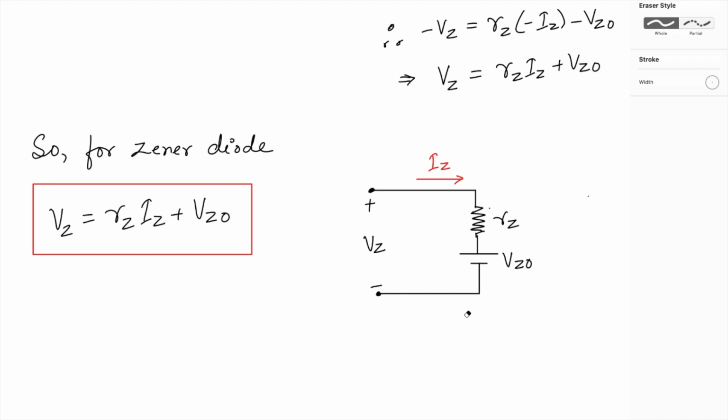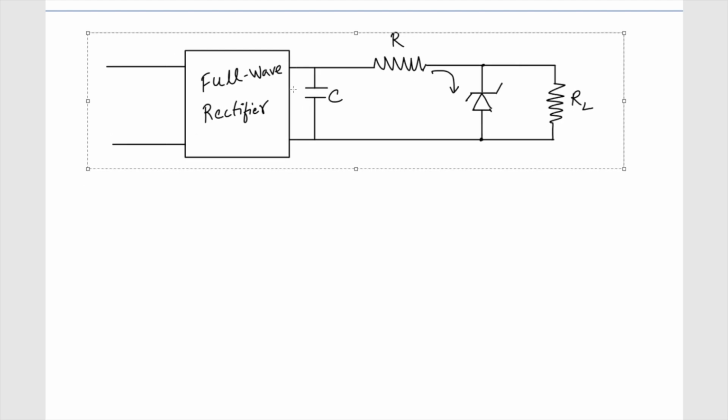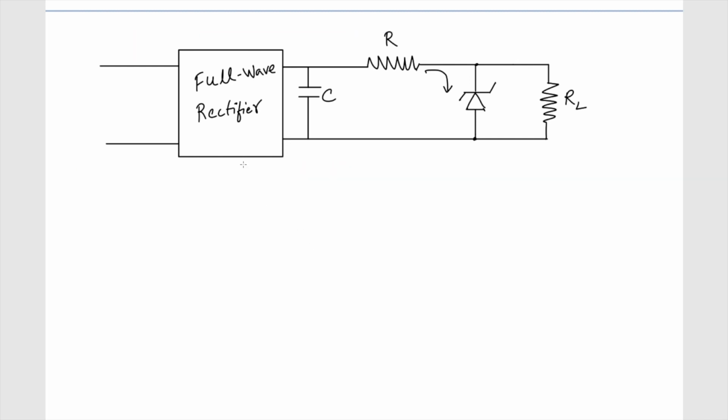With this we can now start solving the Zener diode problems. To understand this concept more clearly, let's consider an example. This is my full wave rectifier, and of course this is coming from the transformer. So the step down voltage is applied here.